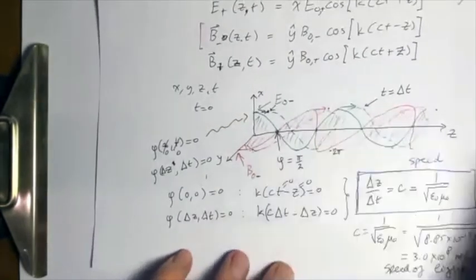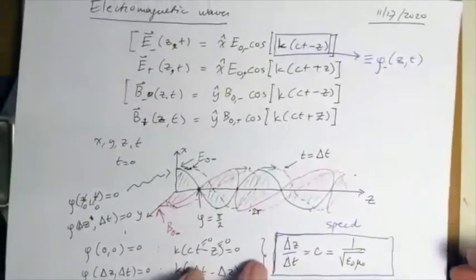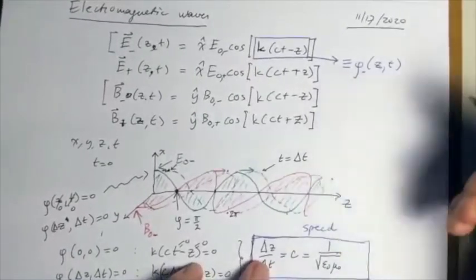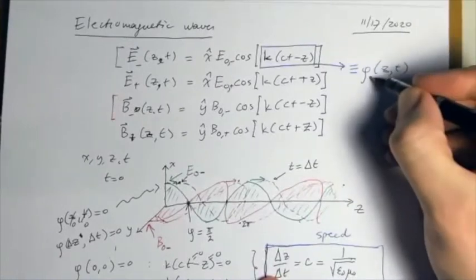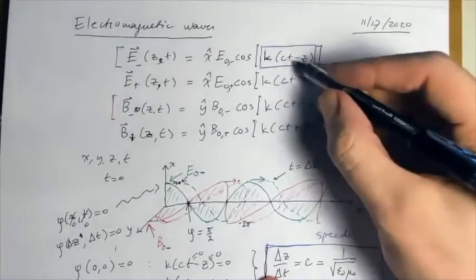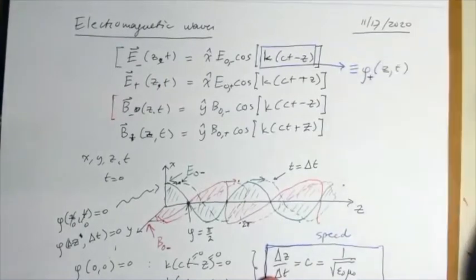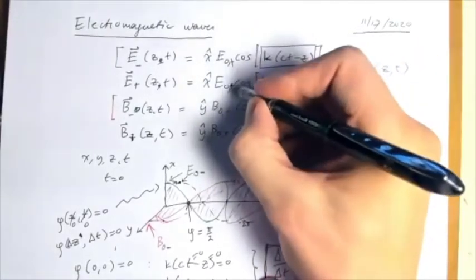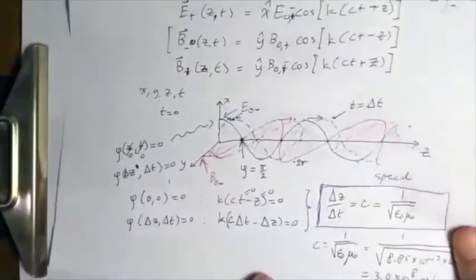This is where a lot of confusion happens, and unfortunately it's not helped by the fact that sometimes I mix up my references too. So let's clean this up a little bit. Even though there's a minus sign here, let's call that the solution moving in the plus direction. We're going to call this the minus direction, this the plus direction, and that the minus direction.